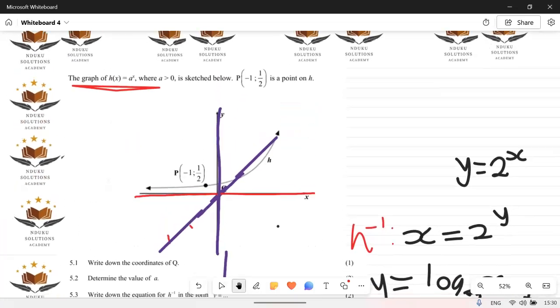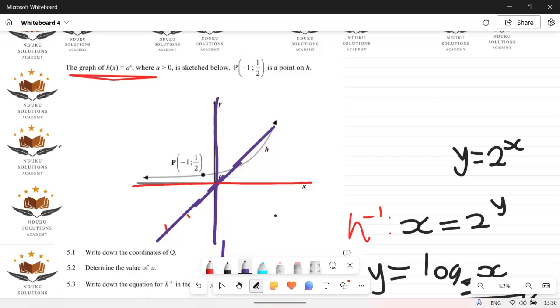Let me go back. Let me just erase this. I don't know what happened there. Alright, so I'll try to draw my graph in black so you can see it. So it's going to be close and it will cross. Probably we will have something along those lines. Let me just try to be very accurate.